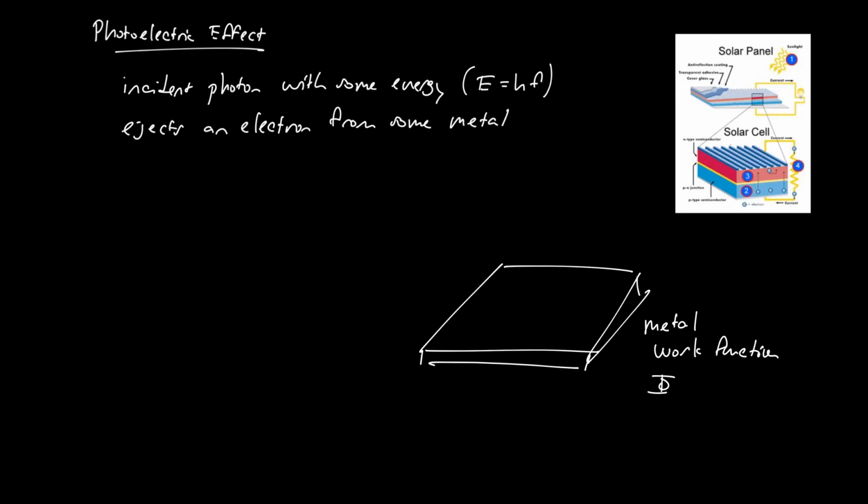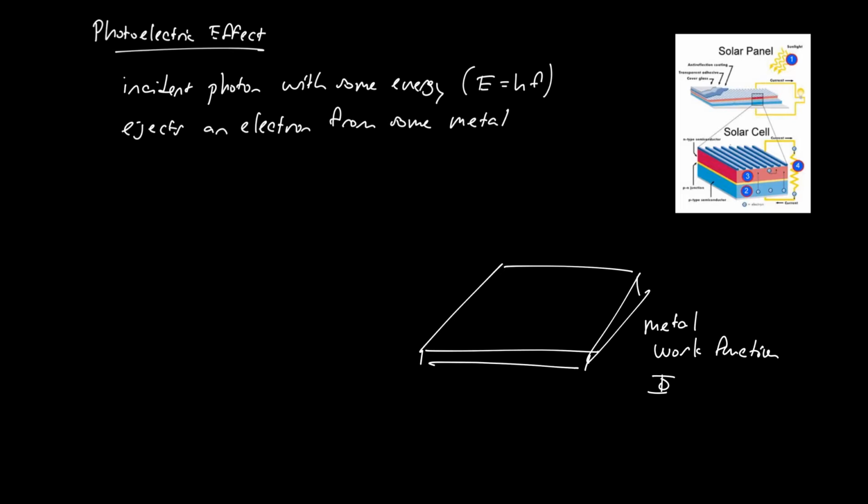And the work function is the minimum amount of energy required to eject an electron. If you were to go to Wikipedia, which I'm reading from right now, it says in solid state physics, the work function is the minimum work or energy needed to remove an electron from a solid to a point in the vacuum immediately outside the solid surface.